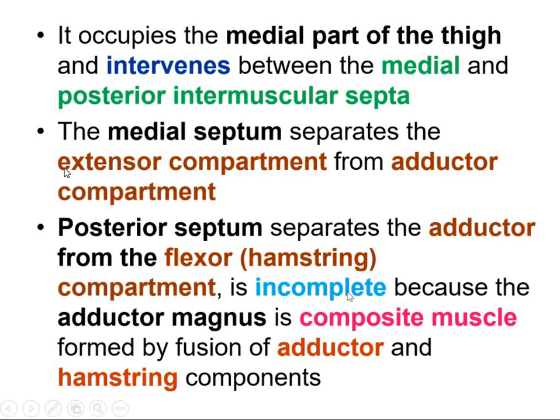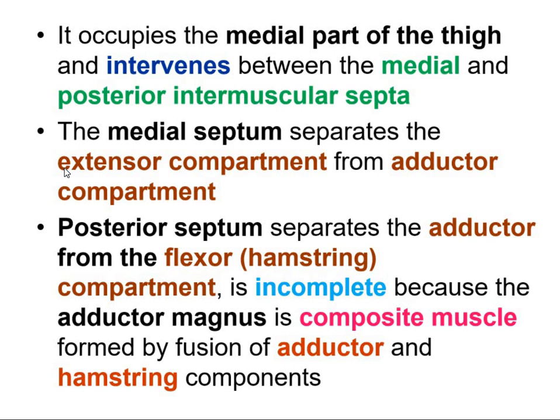And this septa is basically incomplete because adductor magnus is a composite muscle which is formed by fusion of the adductor and hamstring parts, that I already told you. One complete muscle, adductor magnus, is formed by union of these two parts. So it is present in two compartments, the medial compartment and the posterior compartment.